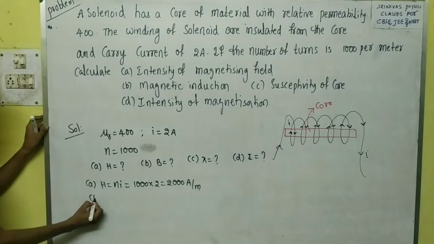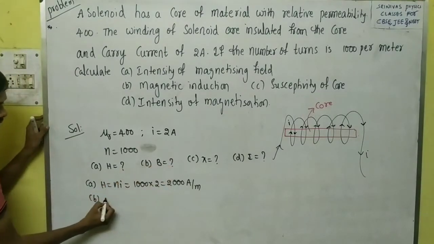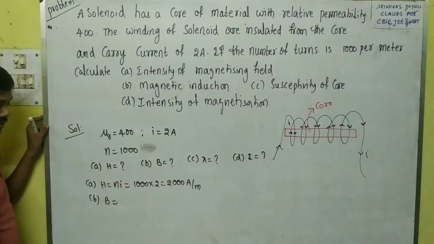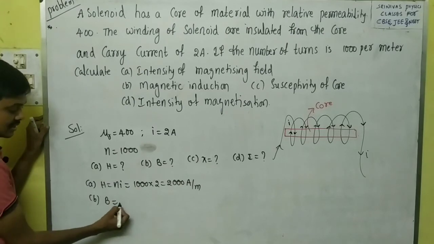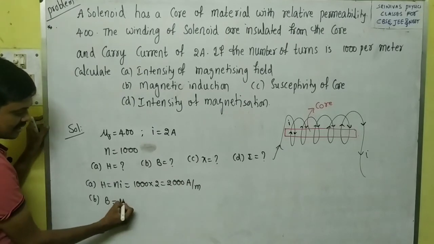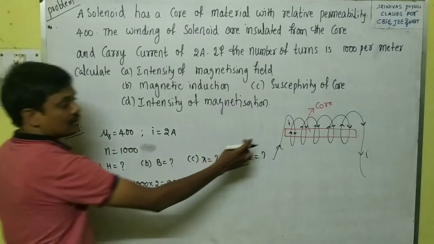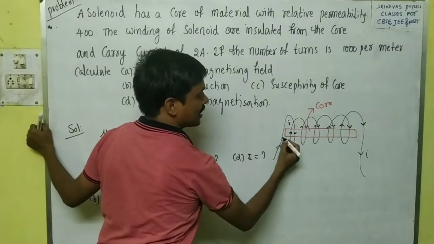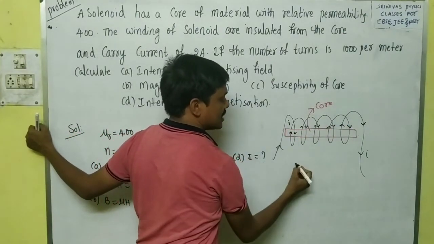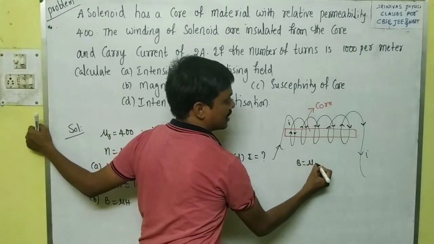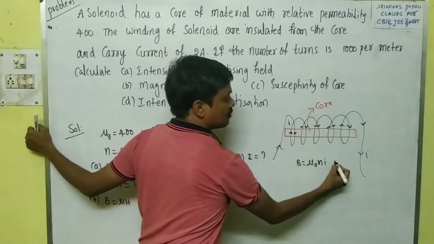Next, the second one, B, they are asking us to find the magnetic induction, the net magnetic field. There are so many formulas. If there is an empty solenoid, the magnetic induction is mu naught n i. This is in free space.